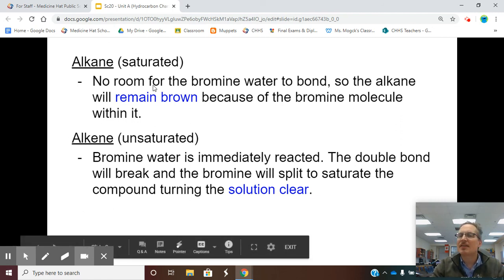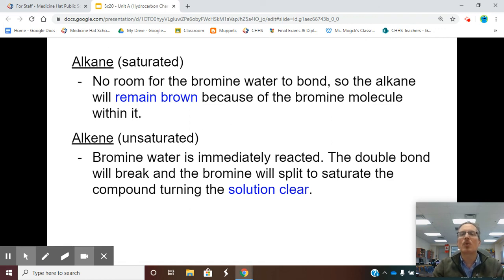Alkanes are saturated. They have no room for the bromine. Therefore, they're going to remain that browny orange color because the bromine is going to be floating around the alkane molecule. That is very different than an alkene molecule where that double bond is going to break and we're going to add a bromine on one side and a bromine on the other, and my solution will turn clear. Please take 3 minutes and watch the video down below.